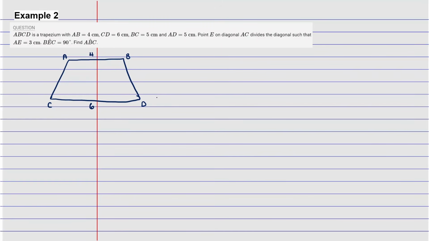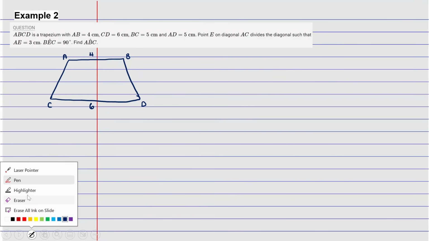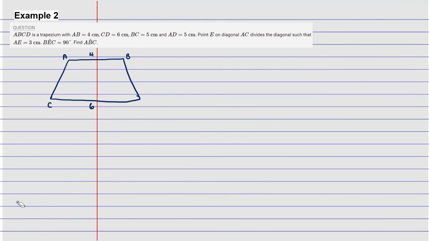And they tell us that BC is going to be 5. Then AD is also going to be 5. So they are both equal to each other.